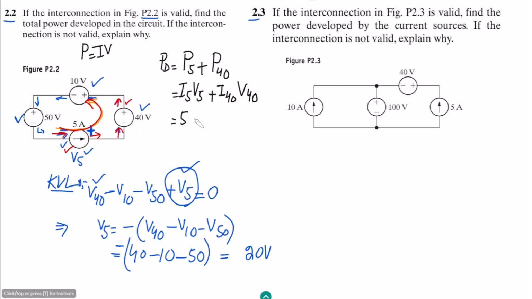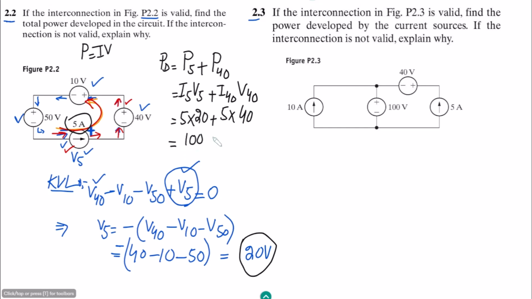So let me write here 5 multiplied by the value of V5, which I have already found out is 20, and the value of I40 is again the same, a constant overall through this branch. So this one is 5 multiplied by V40, which is 40. So let me find it out.